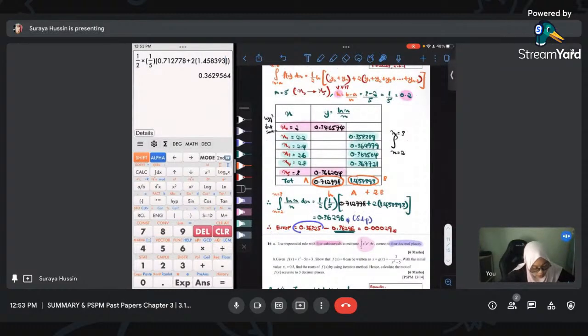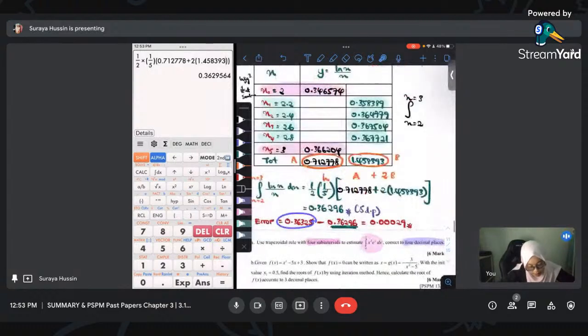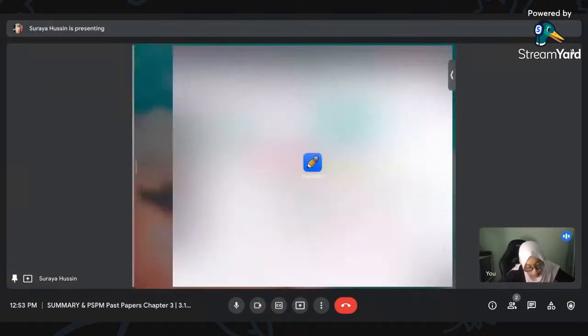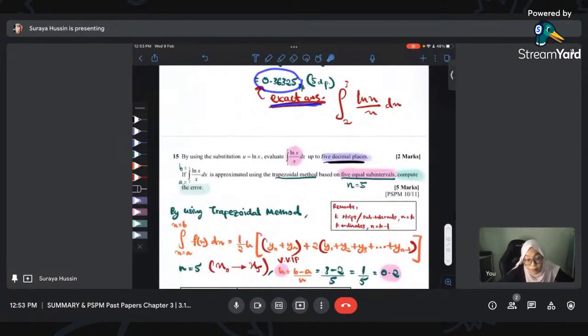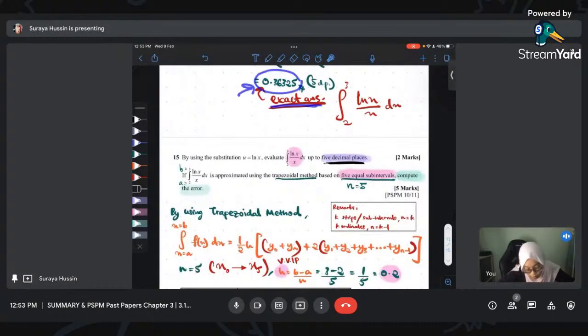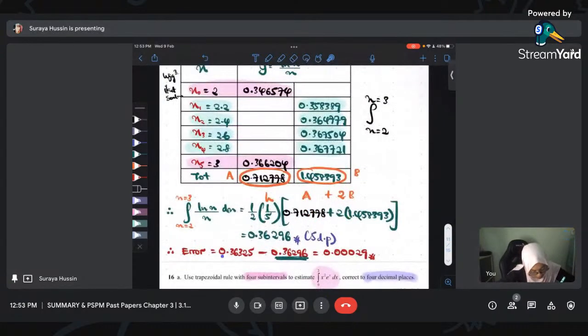And so, untuk error ni, kenapa ini tolak ini? Mana datang ni, Miss? Where is this coming from? This is coming from the exact answer. This is exact answer that I told you. The exact answer here is 0.36325.